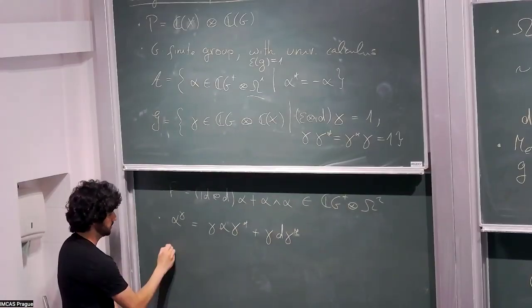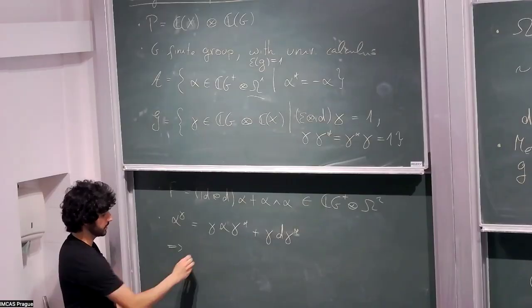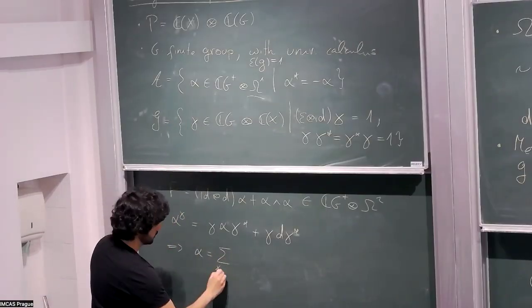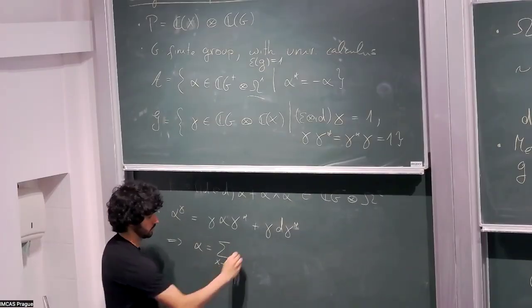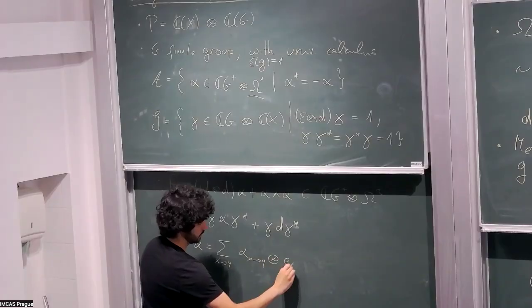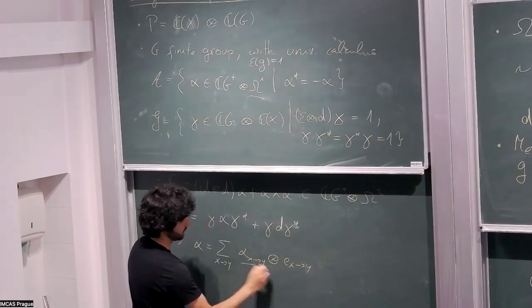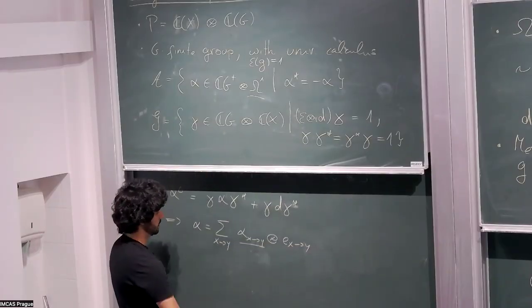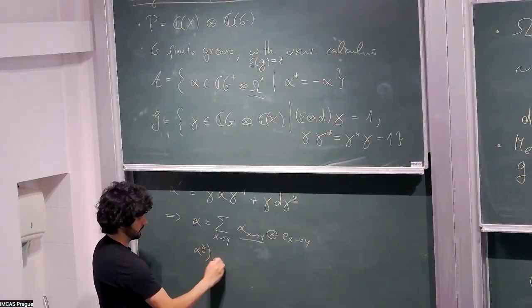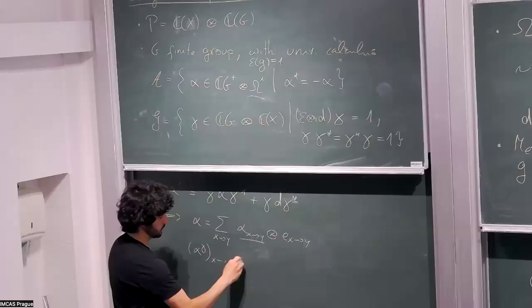What this turns out to be is, if you write alpha in the basis, so alpha x going to y tensor e x y, where this here is in CG plus, then the gauge transformed connection x to y will look like this.